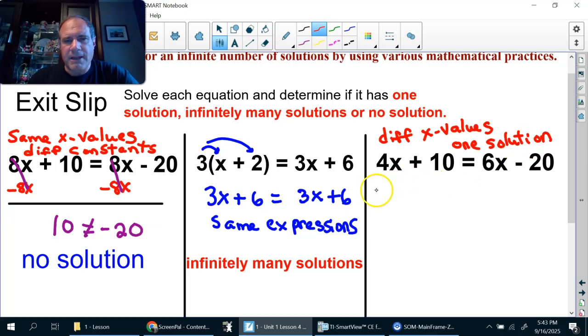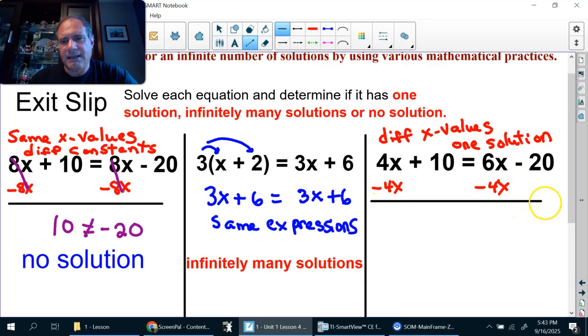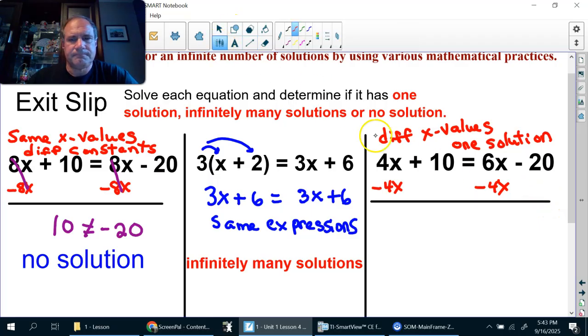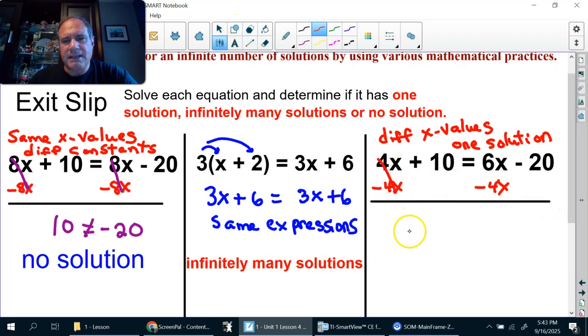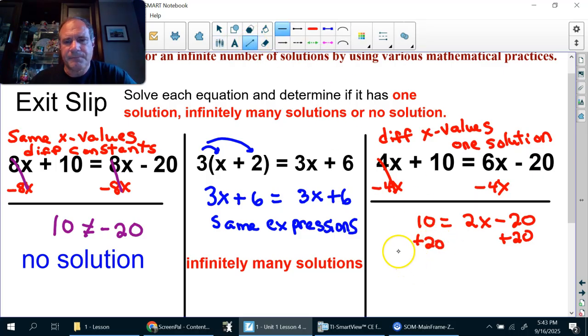So I'm going to go ahead and solve it, because I should be able to solve any equation. You get the smaller x over to the larger x. You add 20 to start to isolate the variable using inverse operations all the way.